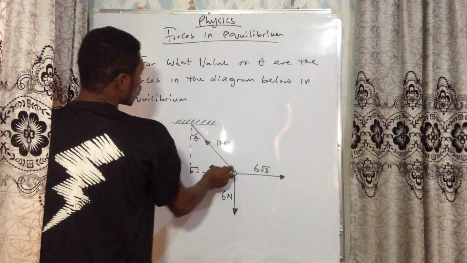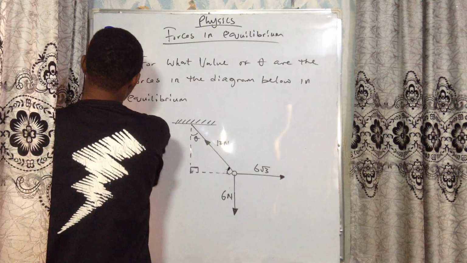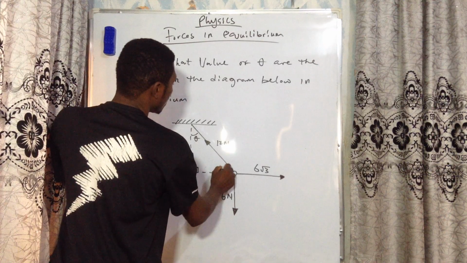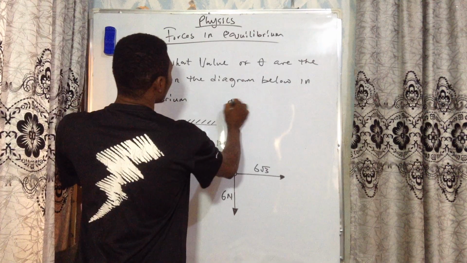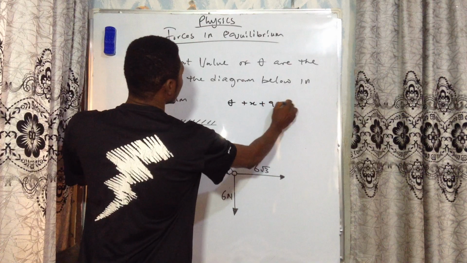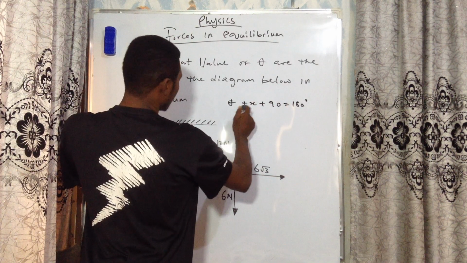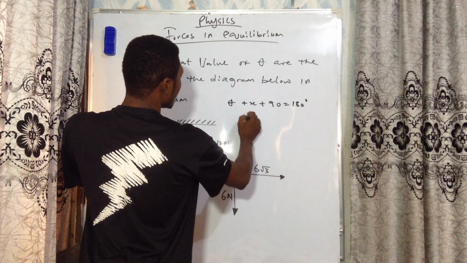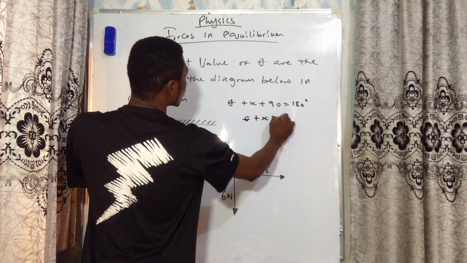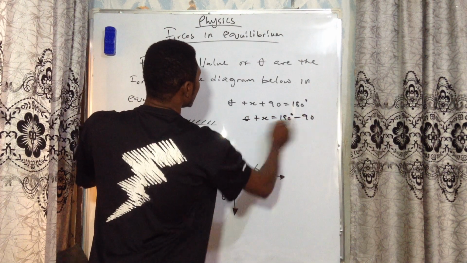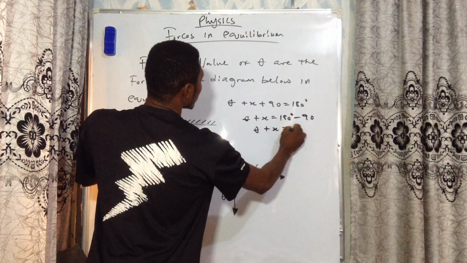In fact, let me just show all workings. Let us call this angle x. Now we have that theta plus x plus 90 is equal to 180 degrees. Therefore theta plus x is equal to 180 minus 90. So theta plus x is equal to 90.